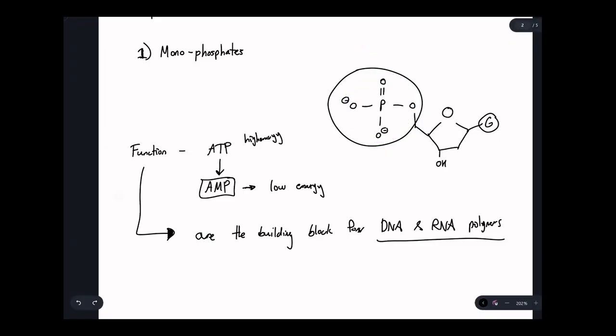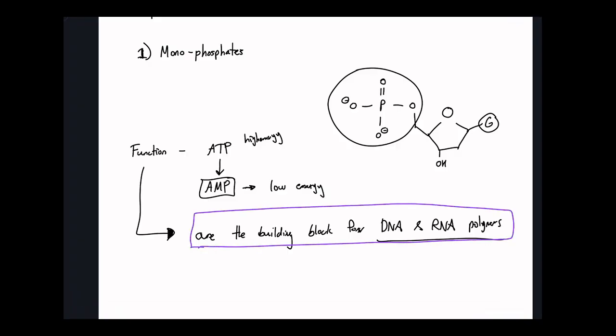So these monophosphate nucleotides are critical as they are the building block of DNA and RNA polymers. They also exist in other places. I just wanted to quickly touch on that. But really understand that these monophosphates, without the phosphate, these things cannot be incorporated into DNA polymers, right? We need them to store information. So very crucial function.